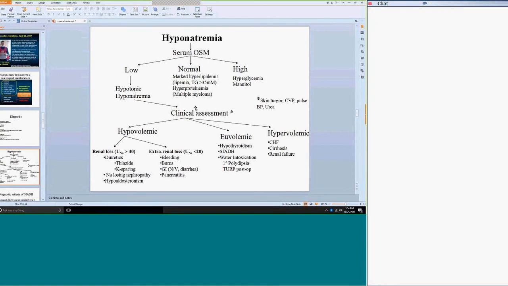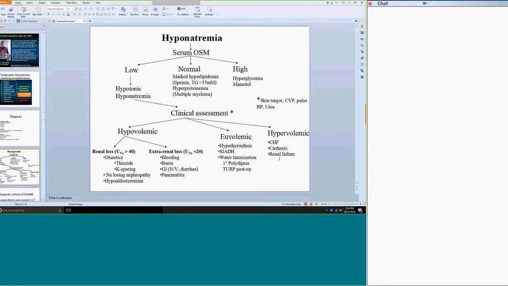Clinically, if you have CVP monitoring, that's useful. Blood pressure and the blood urea are also useful tests: if the blood urea is raised, you can be fairly confident that they are hypovolemic. In such situations, it could be either renal or extrarenal losses, which is fairly clear from history.